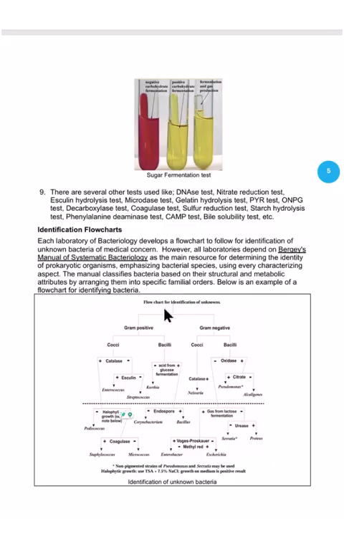These protocols or flowcharts are usually extracted or determined by using a well-known manual that is already developed and published.